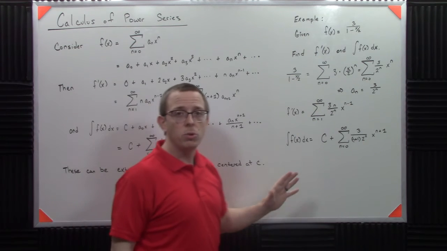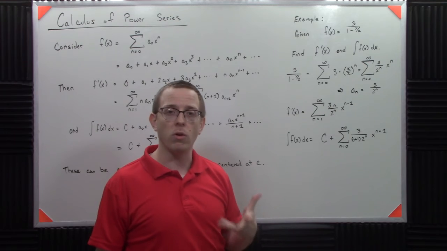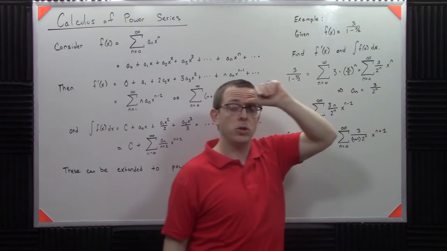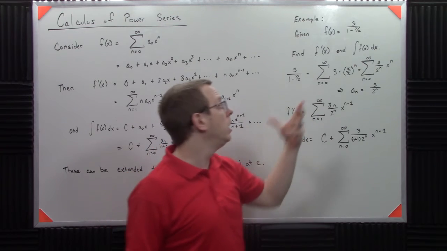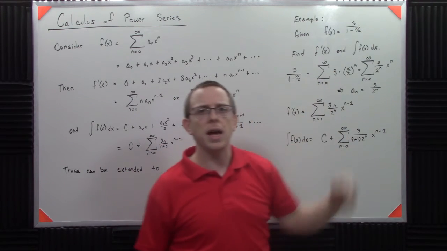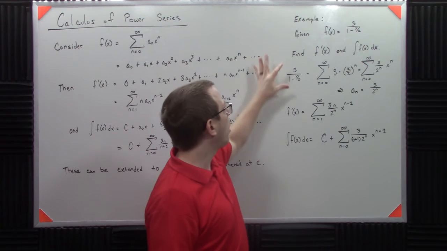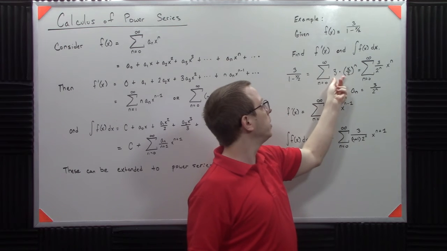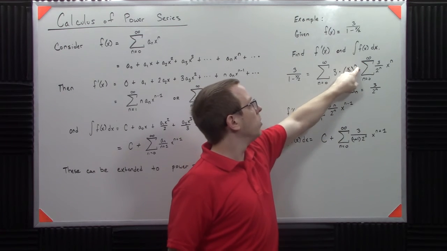So what we can do is apply this to something we've already discussed, the idea of this geometric series. We have, okay, the a is 3, r is x over 2, so we automatically know we can generate a geometric series that looks like this: a times r to the n.